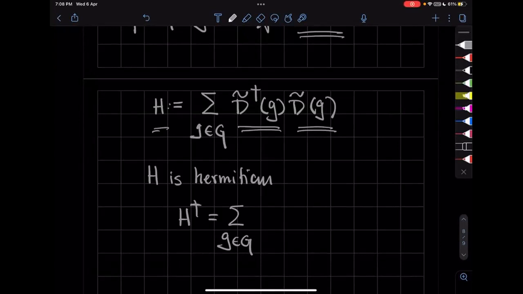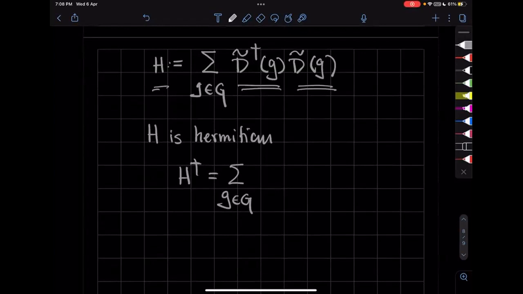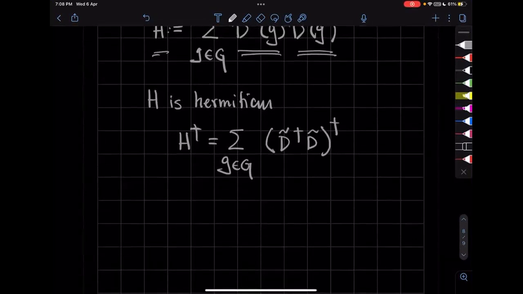Okay. So H dagger, taking the dagger means that we have D dagger, D tilde. I'm not writing the argument anymore.